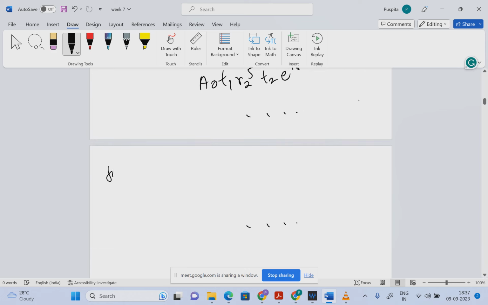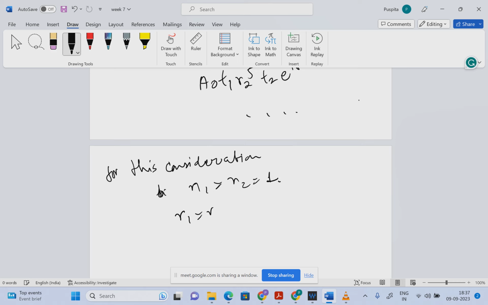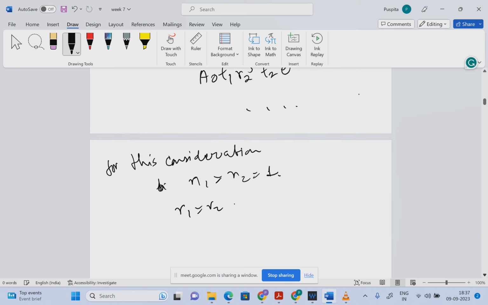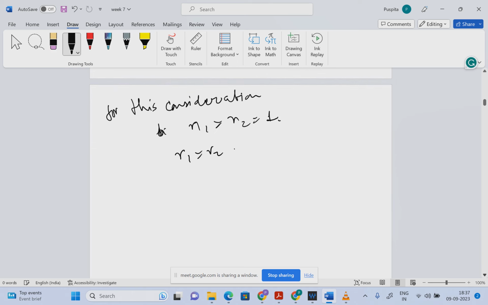So for this consideration N1 is equal to N2 is equal to 1, R1 is equal to R2 basically because the medium is same.